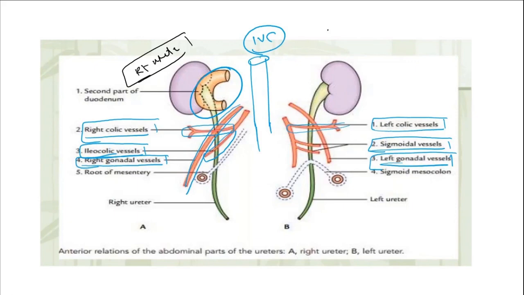So there are two main types of artery, external and internal iliac artery. Let me draw the image.